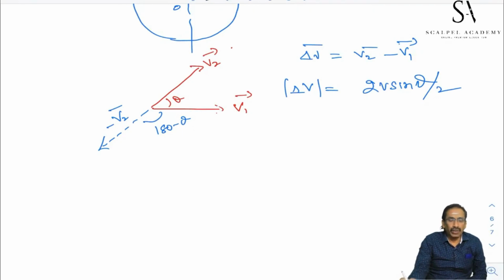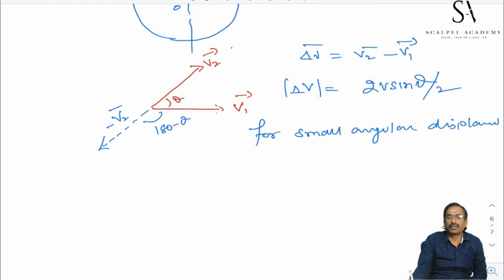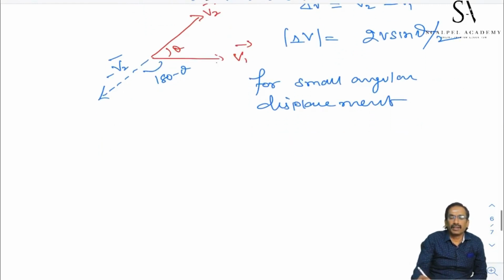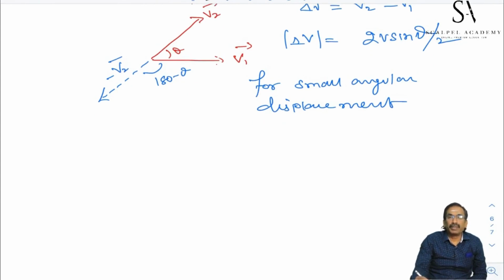For small angular displacement, sine theta by 2 is nearly equal to theta by 2.